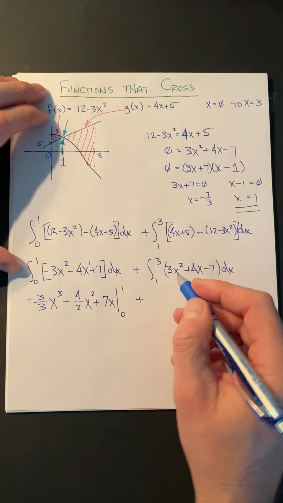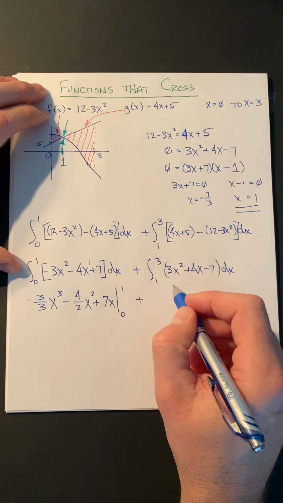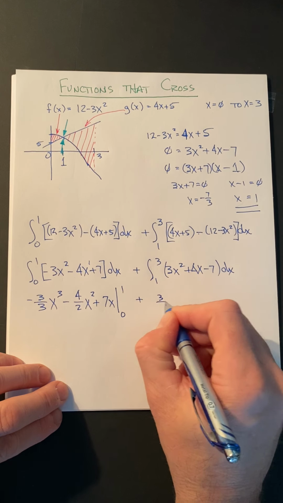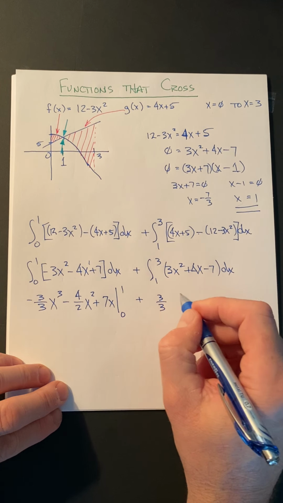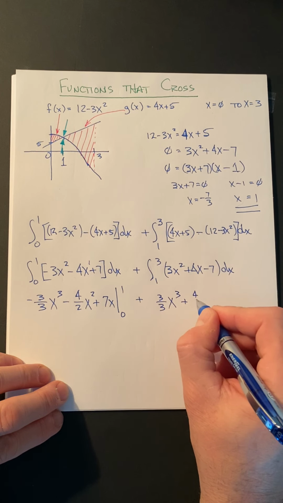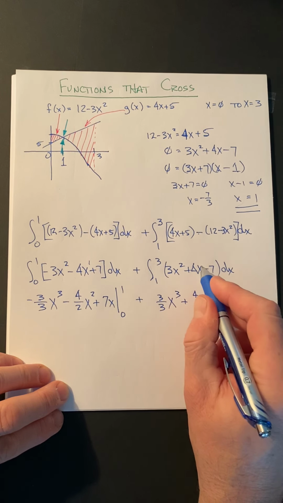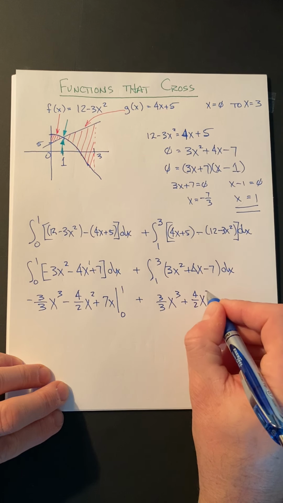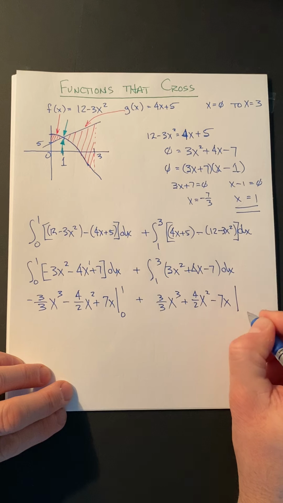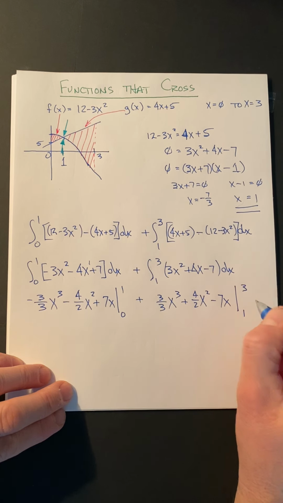I come over here and go through the same process. N is 2, so I'm going to have 3 over 3 x cubed plus 4 over 2 x squared minus 7x, and that's all from 1 to 3.